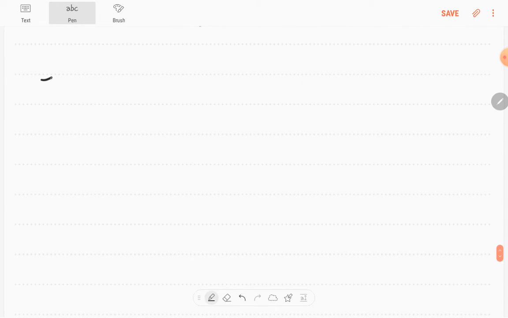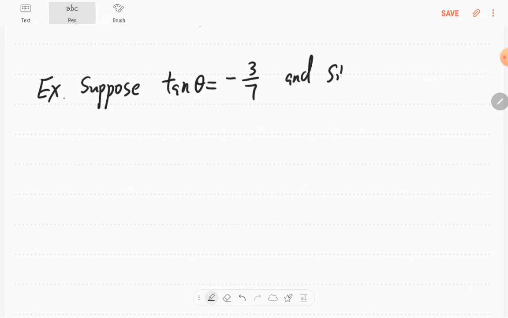Let's look at this example. Suppose our tangent theta is -3/7 and sine theta is positive. Find the cosine theta.